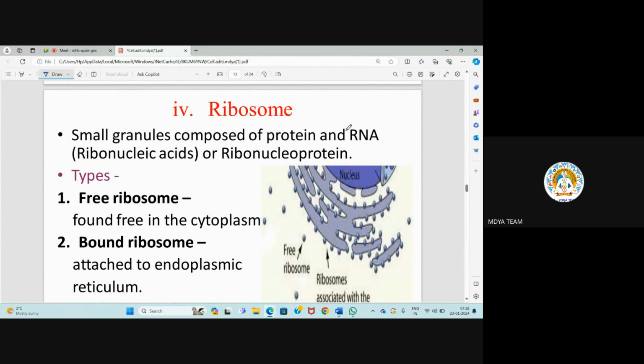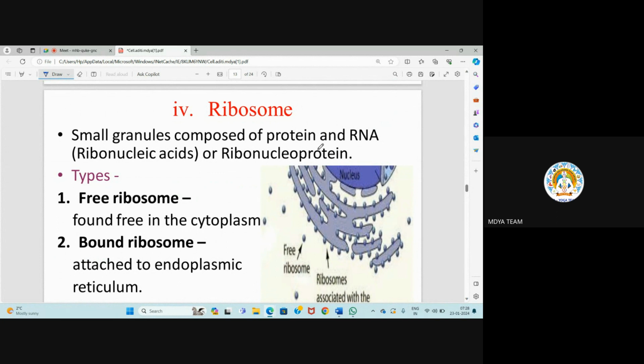Okay, so small granules, you can see here in this picture, these small rounded granules are ribosomes. Okay, so these granules are composed of protein and RNA or ribonucleic acid or ribonucleic protein.